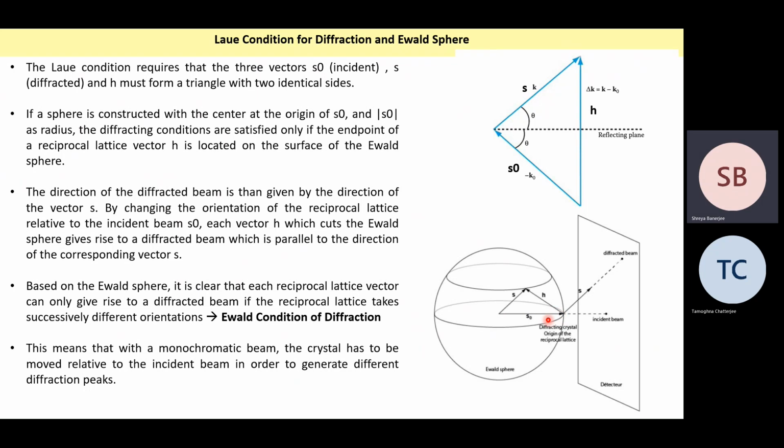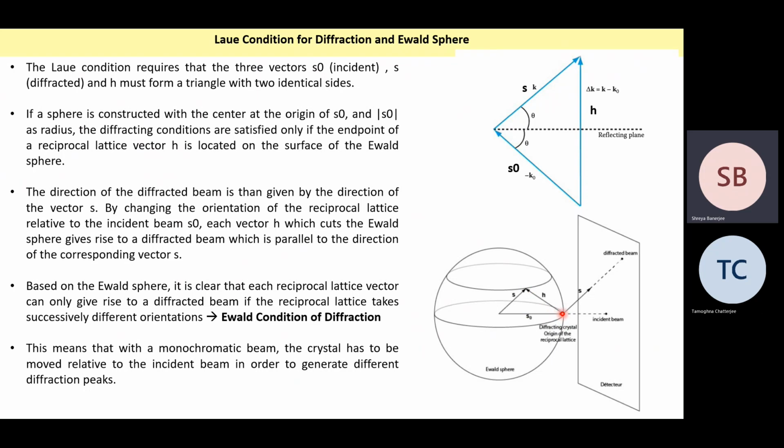Then the diffraction condition is satisfied only if the end point of a reciprocal lattice vector H is located on the surface of the Ewald sphere. H is the difference between the incident and diffracted beams, and you can also call it a reciprocal lattice vector.